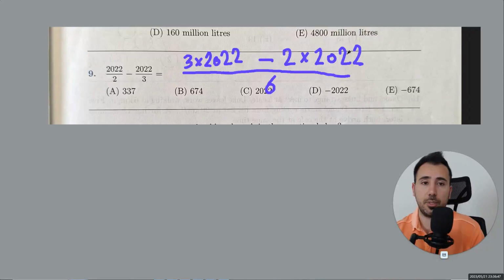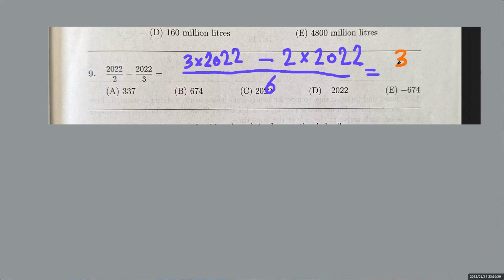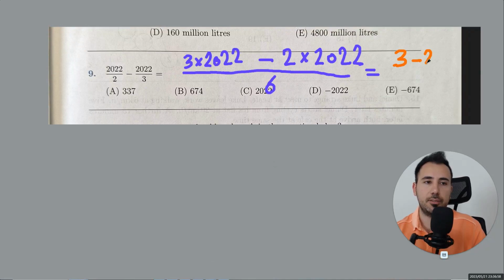Because 2022 is repeating, we need to just factorize it, okay? We have 3 of these minus 2 of these, okay? So it's going to be 3 minus 2 multiplied by 2022 divided by 6.